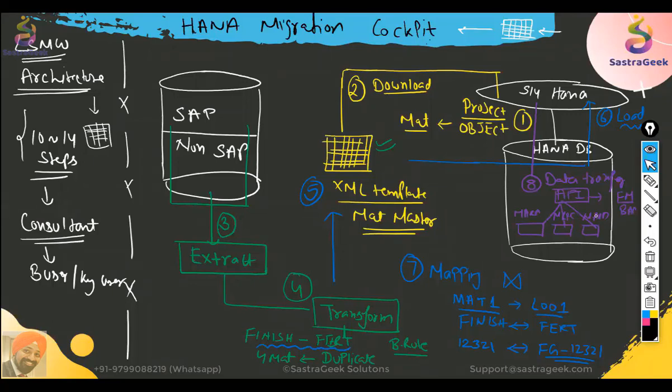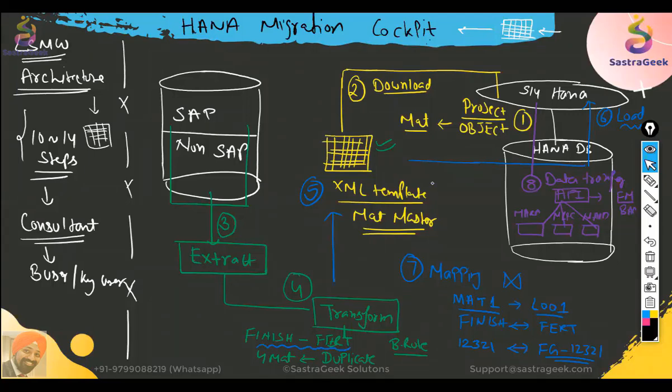In short, downloading a template from the migration cockpit, filling the template with the data required, and uploading it back to the HANA migration cockpit. Those would be the 3 simple steps with the HANA migration cockpit with XML templates.